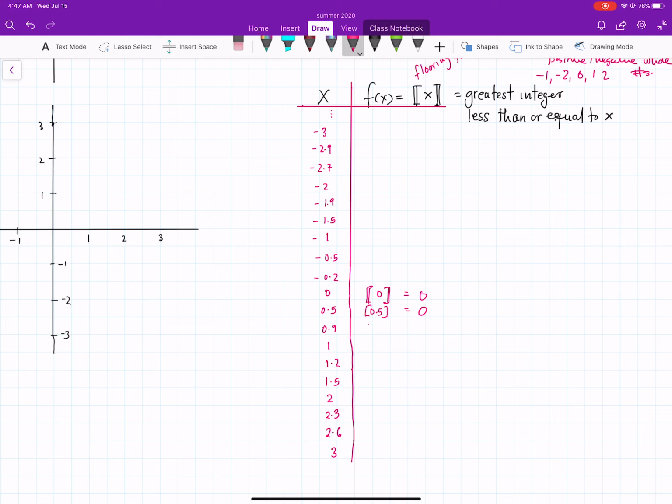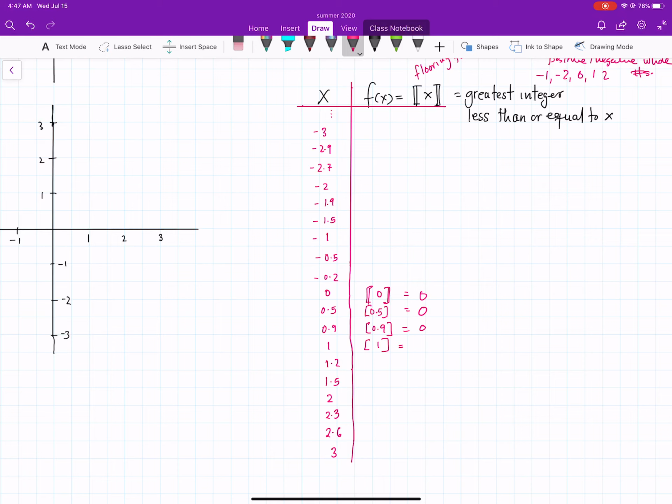When I pick 0.9, I'm looking at that number and I'm going, what is that greatest integer that is less than 0.9? Again, that is still 0. And then we have 1.